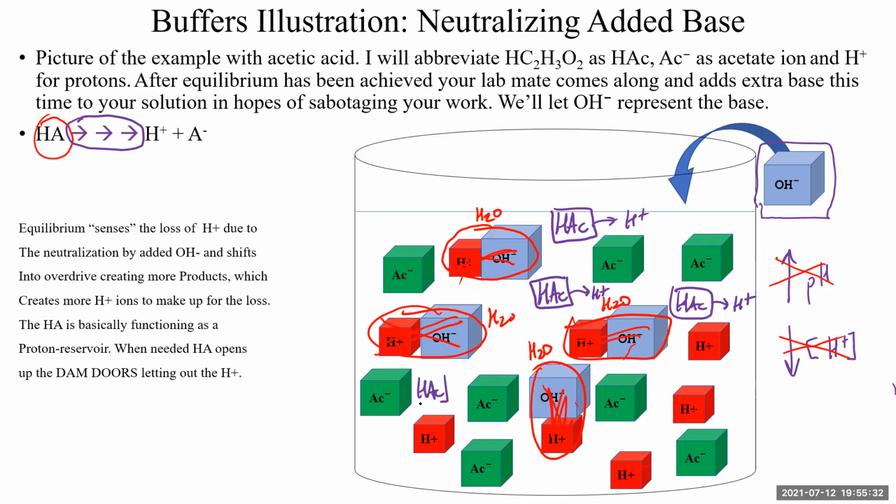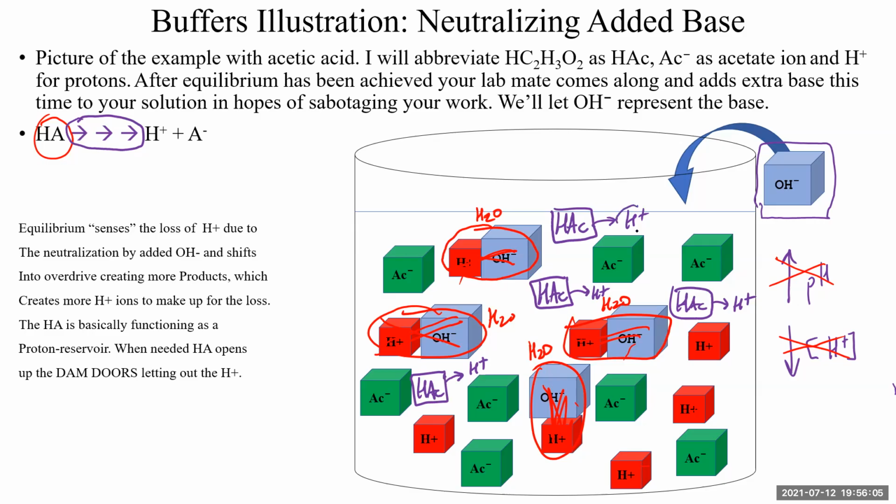So all those hydrogen ions that got neutralized by the hydroxide are going to be replaced by acetic acid releasing more hydrogen ions, forming more acetate ion, but also more hydrogen ion concentration. The additional acetate doesn't affect the pH. Remember, pH is only affected by hydroxide ion concentration and hydrogen ion concentration. So a change in acetic acid or acetate concentrations doesn't change anything.